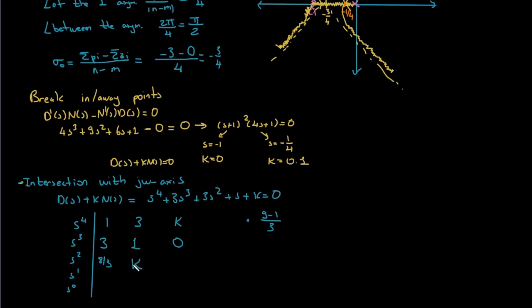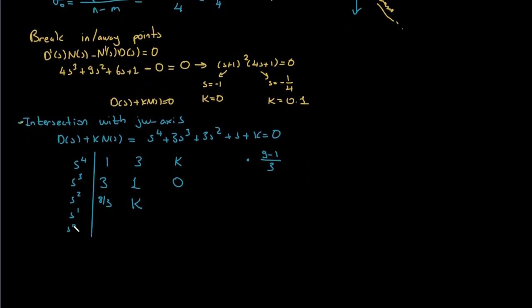Okay, and let's continue further. Let me try to open up more space here. So this is the s to the power 1 term, and this is the s to the power 0 term over here.